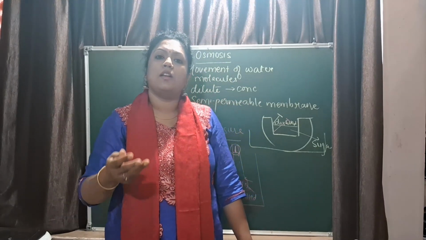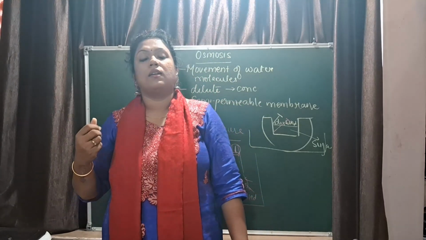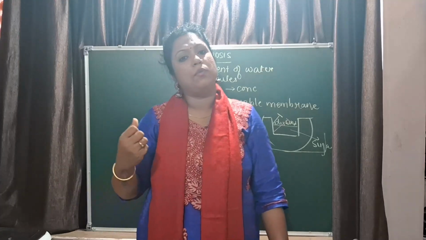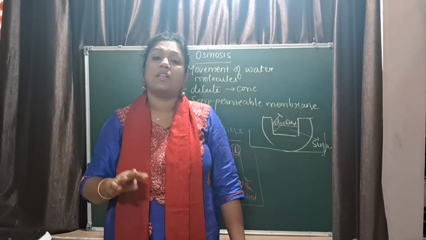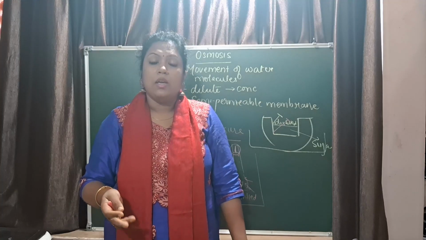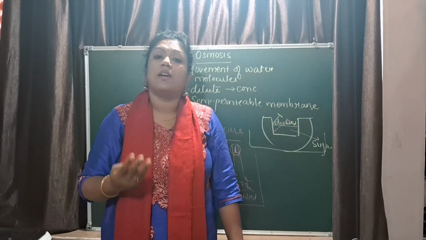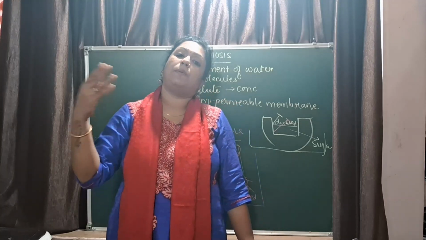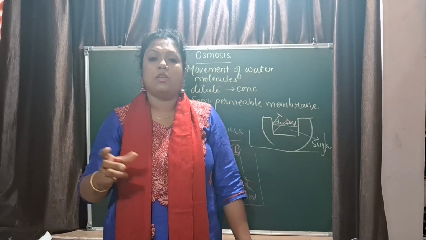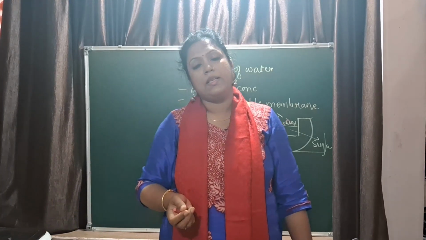A plasmolysed cell is a cell in which the cell membrane has retracted from the cell wall. So you should know the exact definitions of these terms and the conditions. The question can be to identify the condition the cell is in, or what will happen to the cell if it is placed in this solution. These types of questions are asked in the examination.